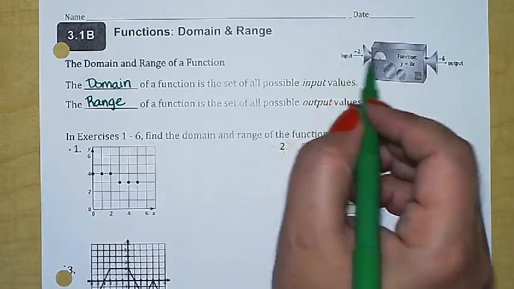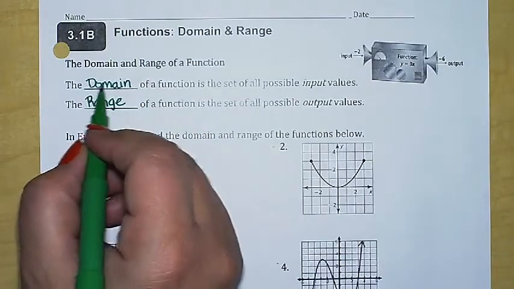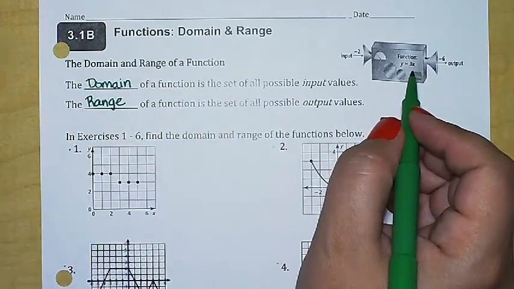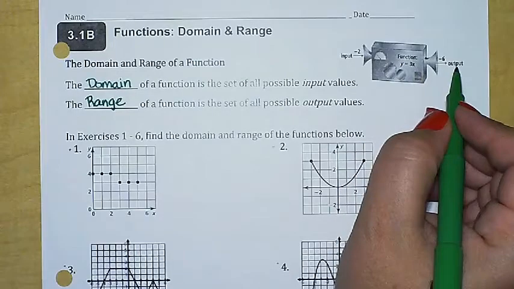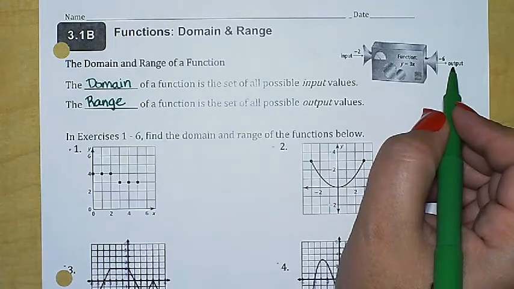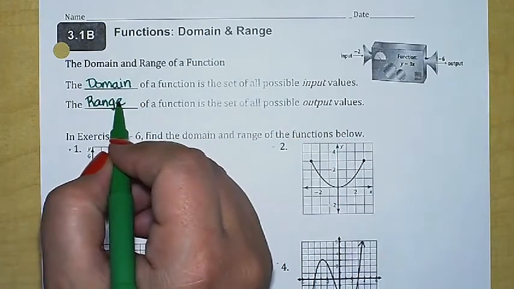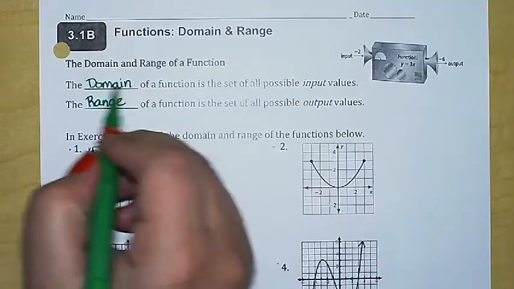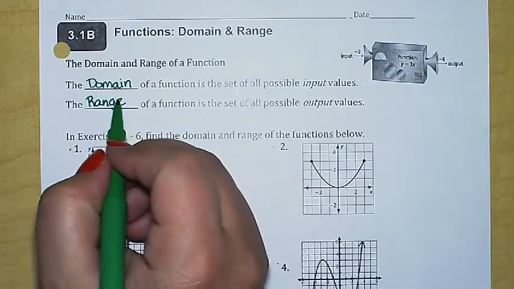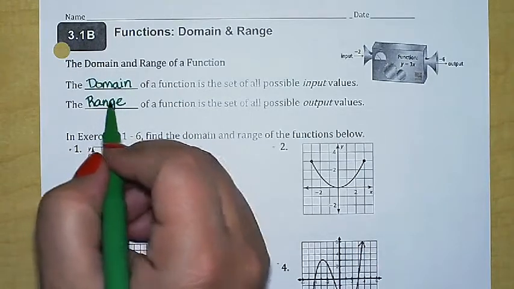So pretty often the set of inputs, which is our domain, really is all real numbers. And whatever possibilities are available to us as outputs would then determine the range. So it's really important that you understand that the domain plays a huge role in what your range is.